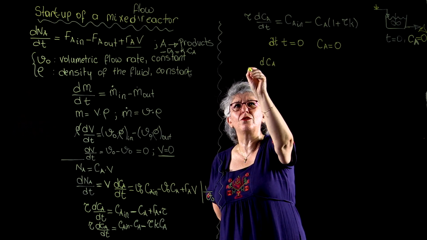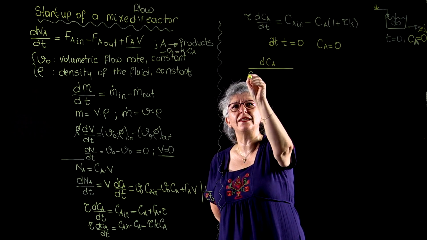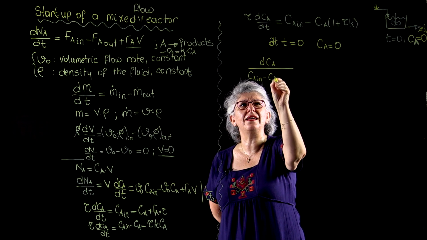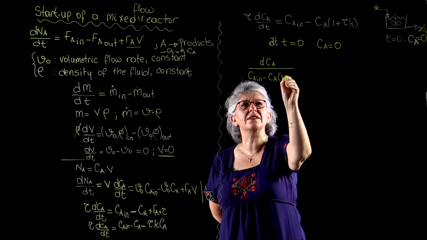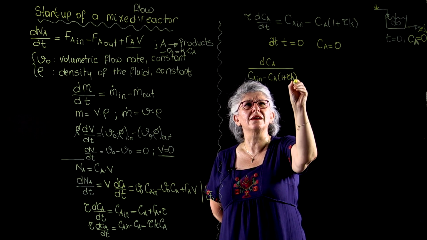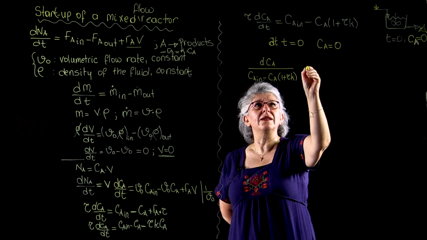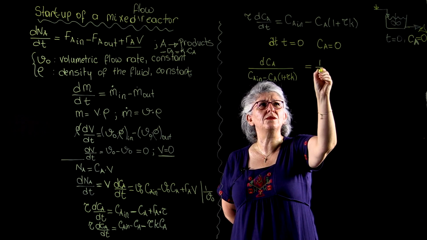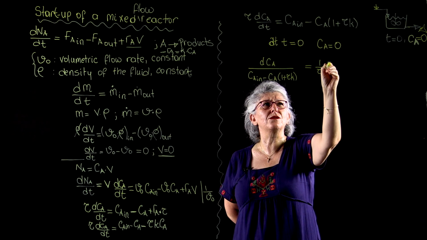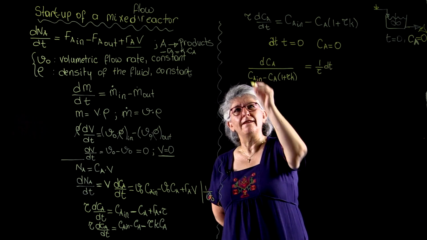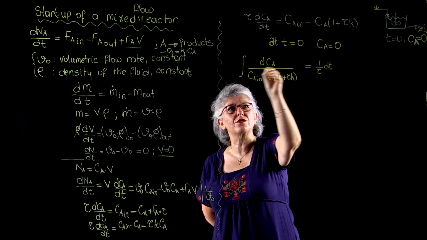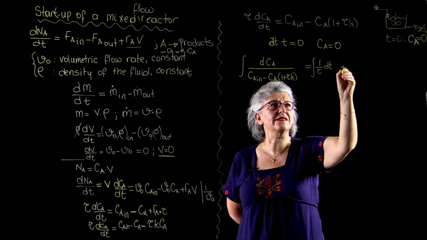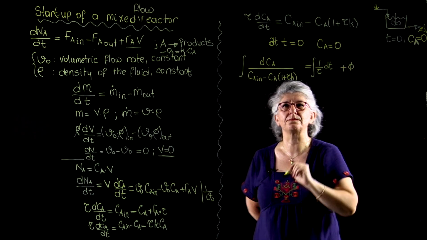I have dCa over Ca,in minus Ca times 1 plus tau k on this side, and I'm going to have 1 over tau dt on the other side. When I integrate both sides, I need to add an integration constant I will call phi.